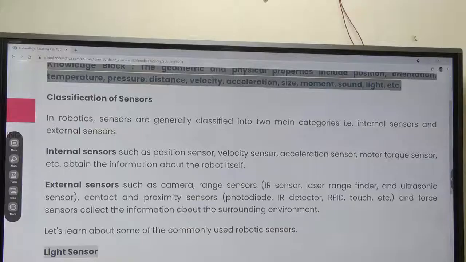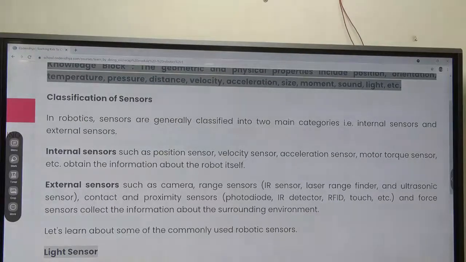External sensors, such as camera, range sensors, IR sensor, laser range finder, ultrasonic sensor, contact and proximity sensors, photodiode, IR detector, RFID, touch, etc., and force sensors collect the information about the surrounding environment. Let's learn about some of the commonly used robotic sensors.